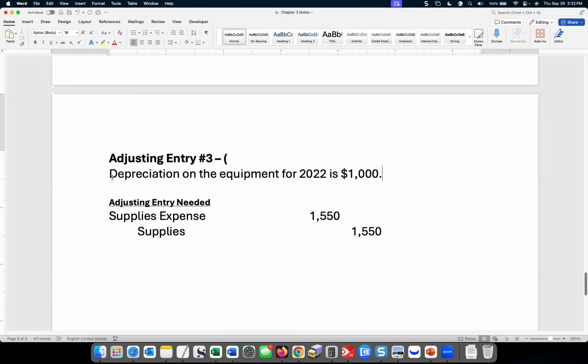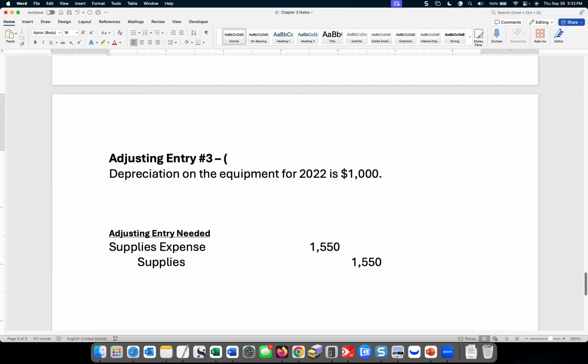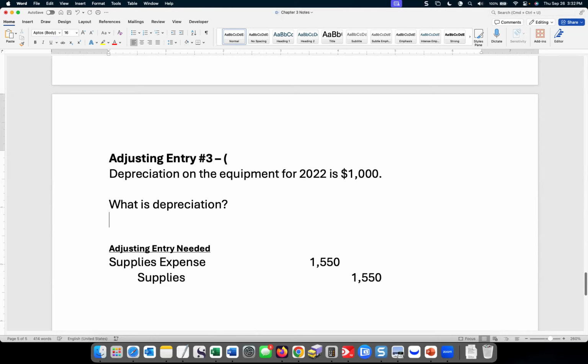Depreciation on the equipment for 2022 is $1,000. So the question is, before we do anything, what is depreciation? Well, I'll tell you what it is. It's something I can't spell today. This is the measuring, or I'll say the value, of the wearing out of an asset.